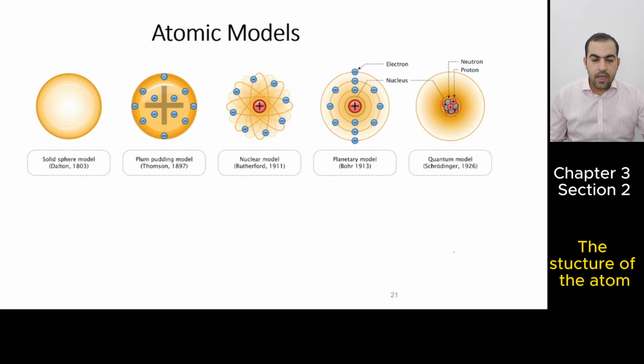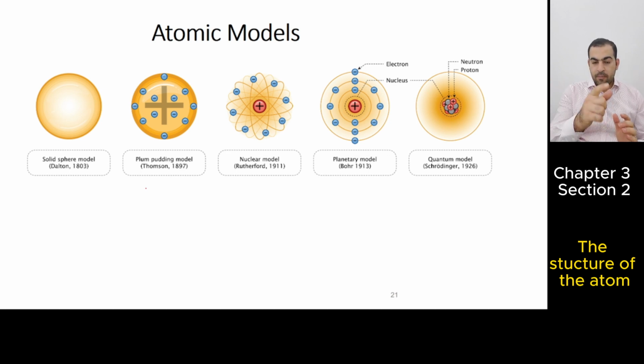Guys, these are atomic models. According to Dalton, this is how the atom was. And Thomson, look, he said that there are electrons, and some conclusions were made. We said that the whole atom is positive, and the electrons are equally spread inside of the atom.